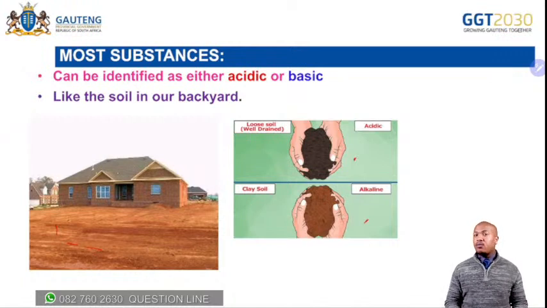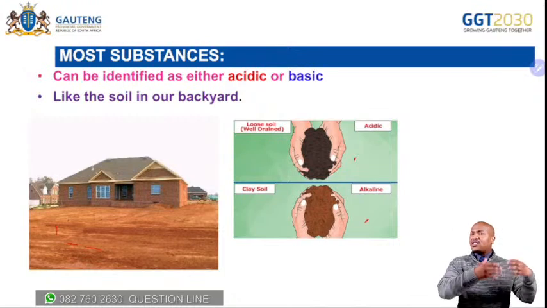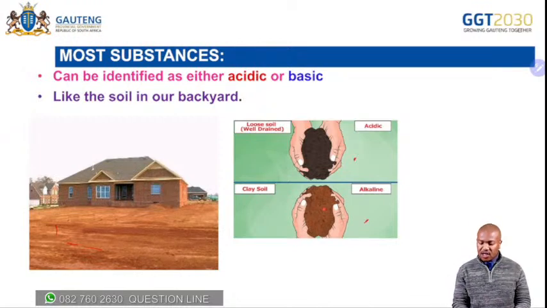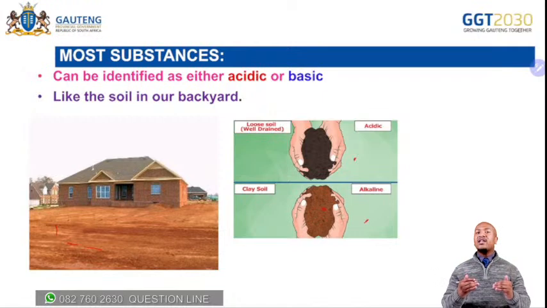One can be used to plant vegetables, and the other can be used to plant other different plants and vegetables as well, right? Depending on the acidity and basicness that we need for a certain plant. But that is a story for another day, right? For now, let's just focus on the fact that the soil can either be acidic or basic. Let's not lose that concept.